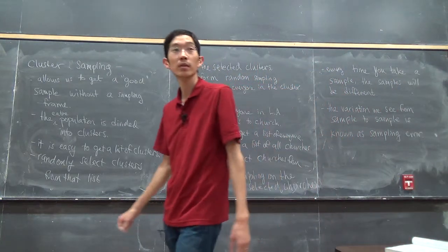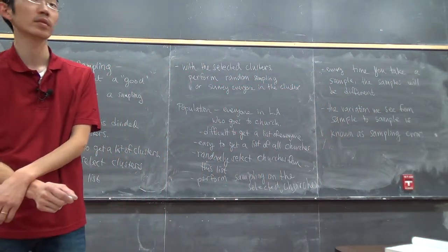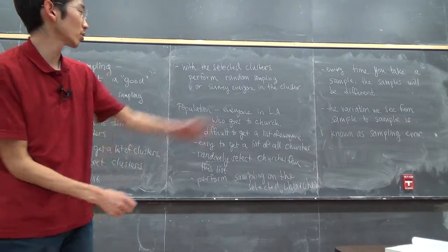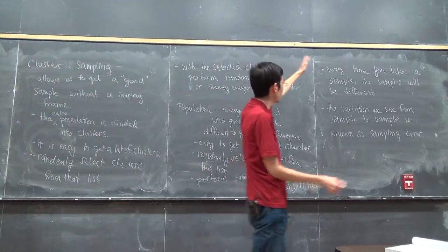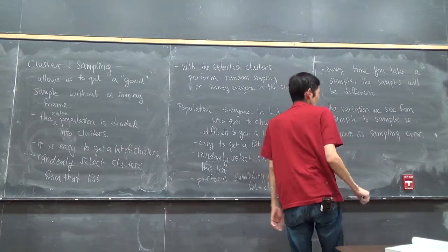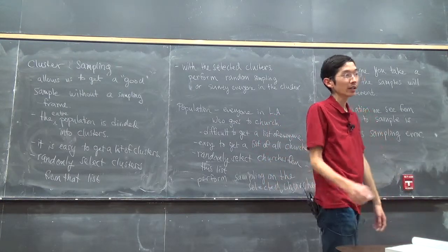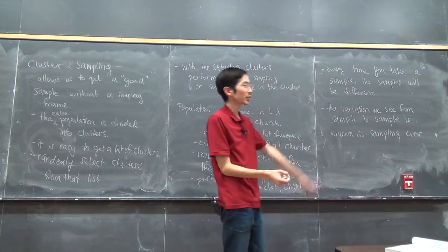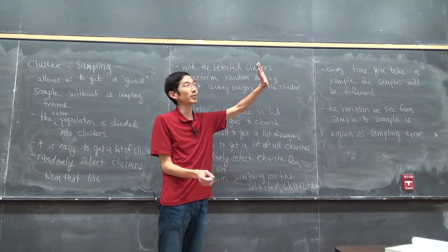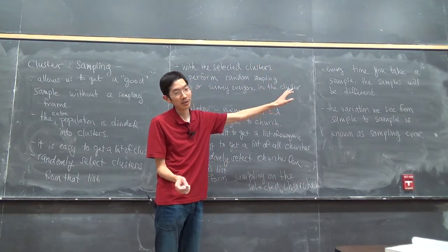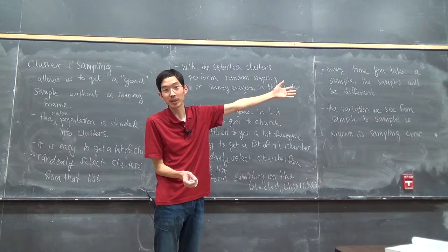Yes? Does that only apply to the cluster sampling, or just? Oh, no, I'm sorry. Now what I'm writing here applies to sampling in general, okay? And most of this stuff, we're now reverting back to assuming simple random sampling, okay?